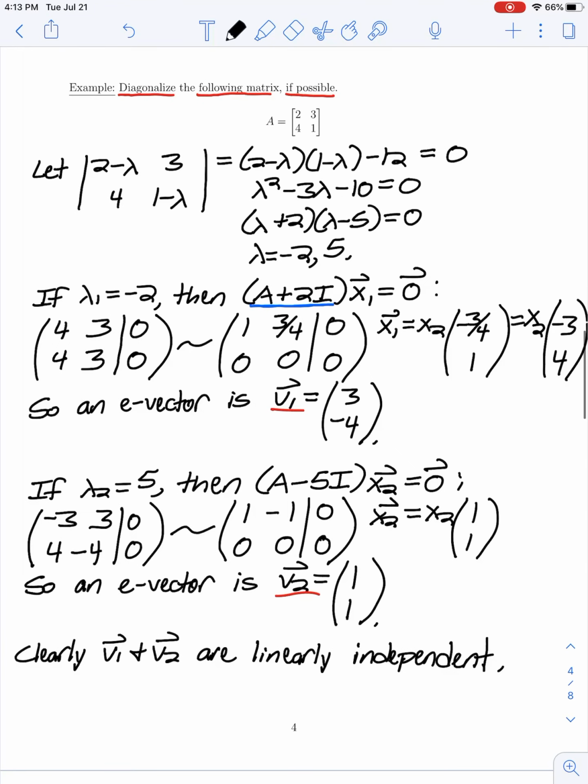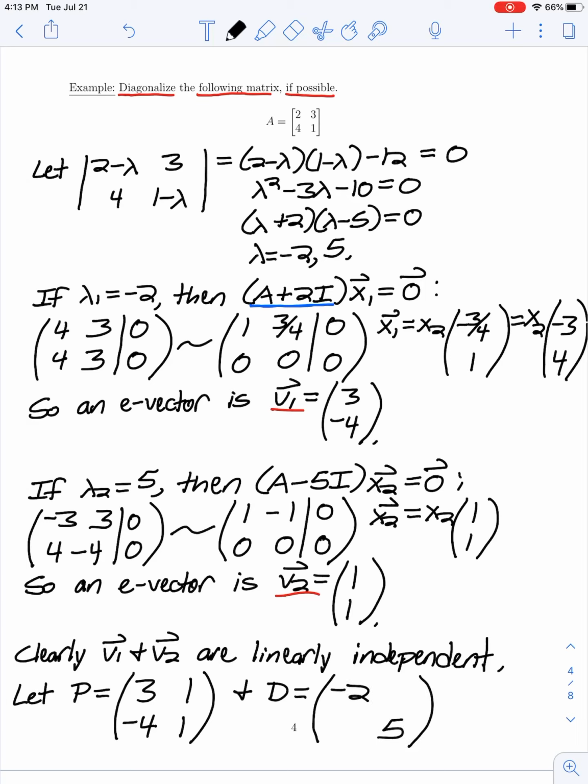So to form our diagonalization of A, we're going to take the matrix P as the matrix which has these vectors as its columns. So that is (3, -4) and (1, 1). And D will be the diagonal matrix whose entries are the corresponding eigenvalues, which were negative 2 and 5, where we list negative 2 first because the first column of P was the eigenvector corresponding to negative 2.